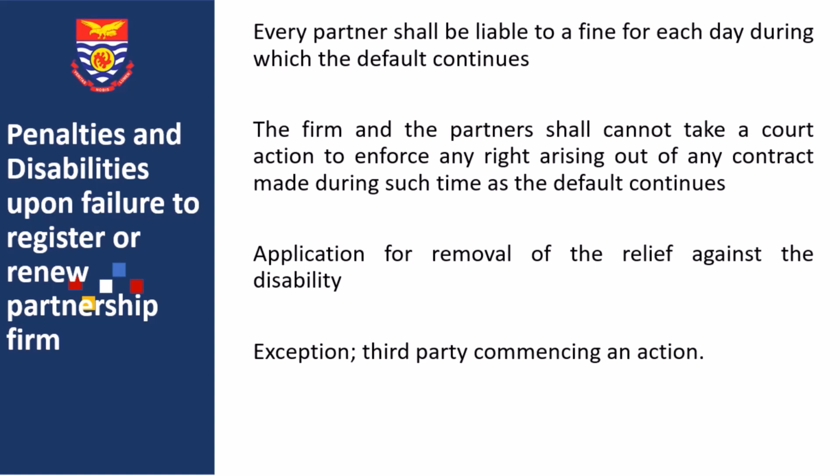The law says that you are prohibited from bringing any action against anyone at all if the person has breached a contract that you entered with him. It means that until you renew your registration, you cannot enforce any right that has accrued to you.